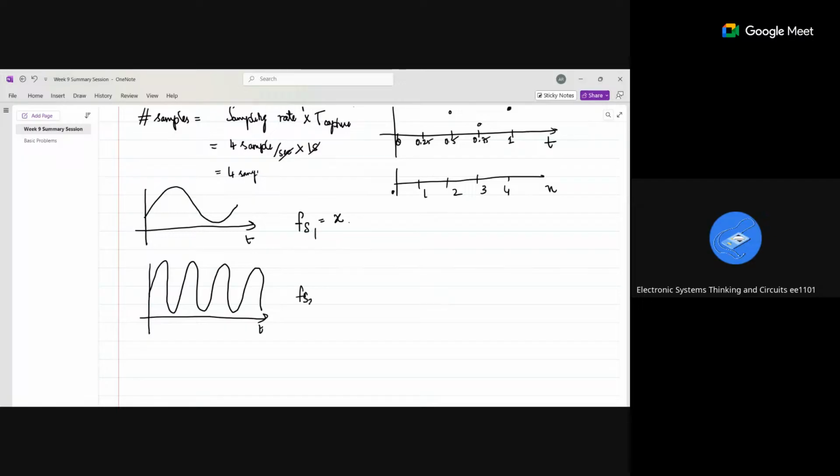If this is fs2, the sampling frequency for this wave, should it be higher or lower? If a wave is changing slowly, I am having a small sampling frequency, right? If my input is changing rapidly, should I choose a sampling frequency which is higher or lower? Higher. Yeah.